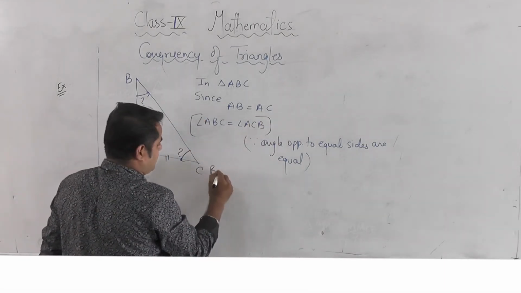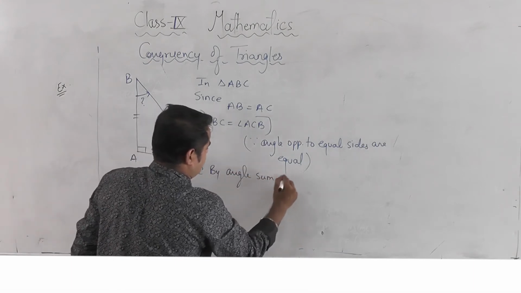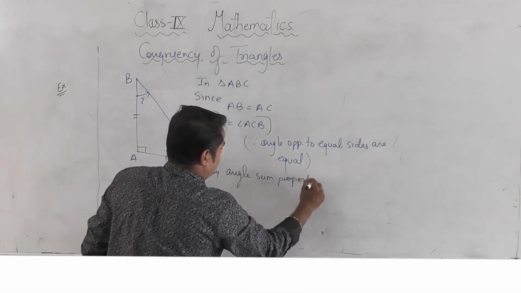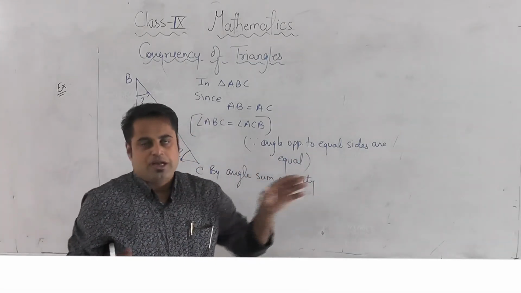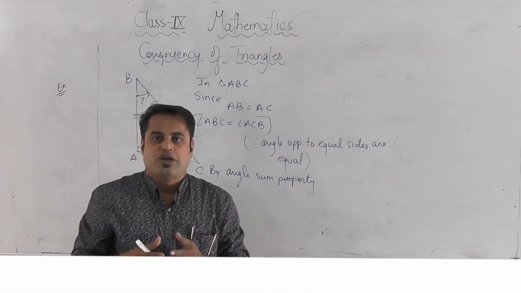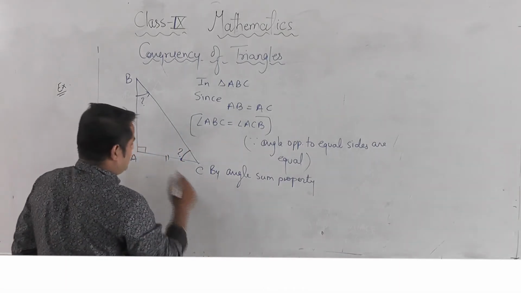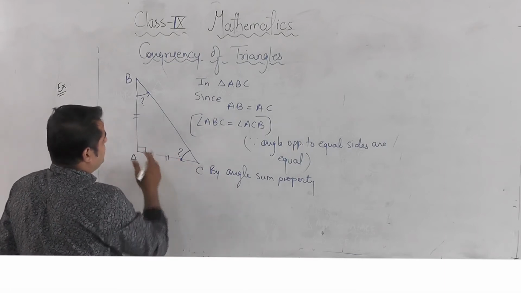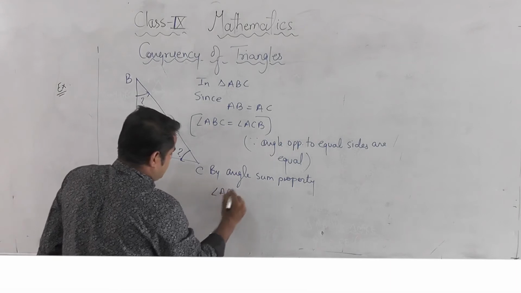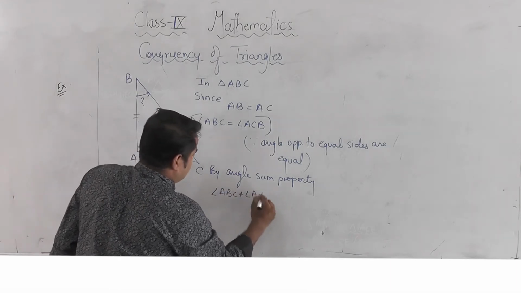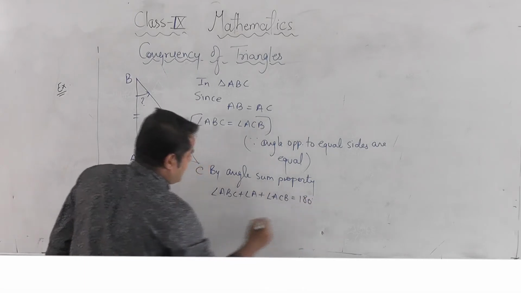Now we can apply the angle sum property. If you don't memorize this property, you can write by isosceles property also. In an isosceles triangle, two sides and two angles are equal. So now by angle sum property, angle ABC plus angle A plus angle ACB, these three angles sum to 180.